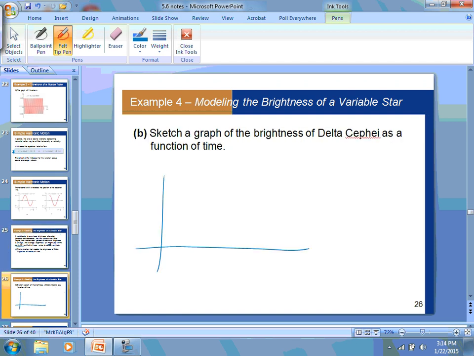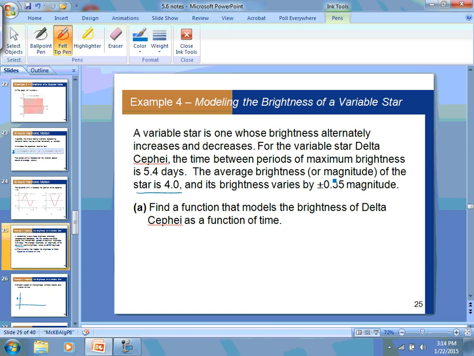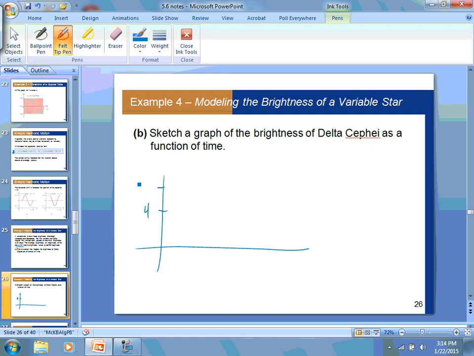So let's just make that 4. That's my average brightness. That's kind of where I'm starting. Okay, and then it says that that can vary as much as 0.35. So I could go up to 4.35 or I could go down to 3.65 if I took 4 minus the 0.35.